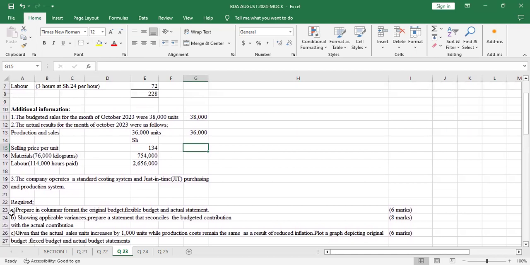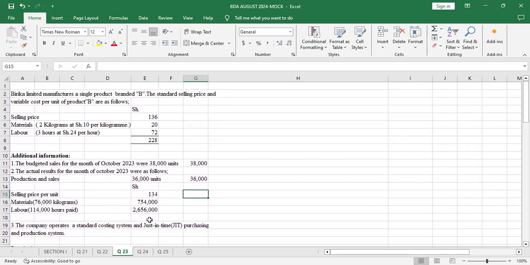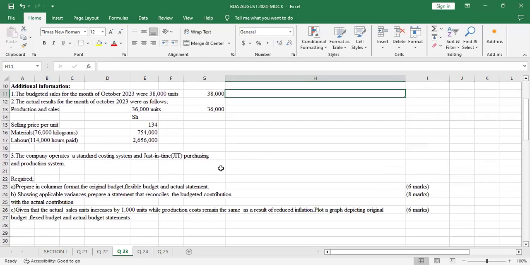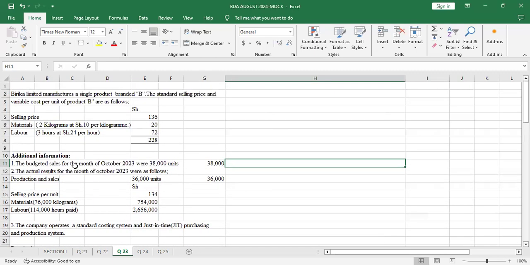So I'll start with part A, prepare in columnar format the original budget, flexible budget, and actual statement. There's some workings which I want to do here before we continue.